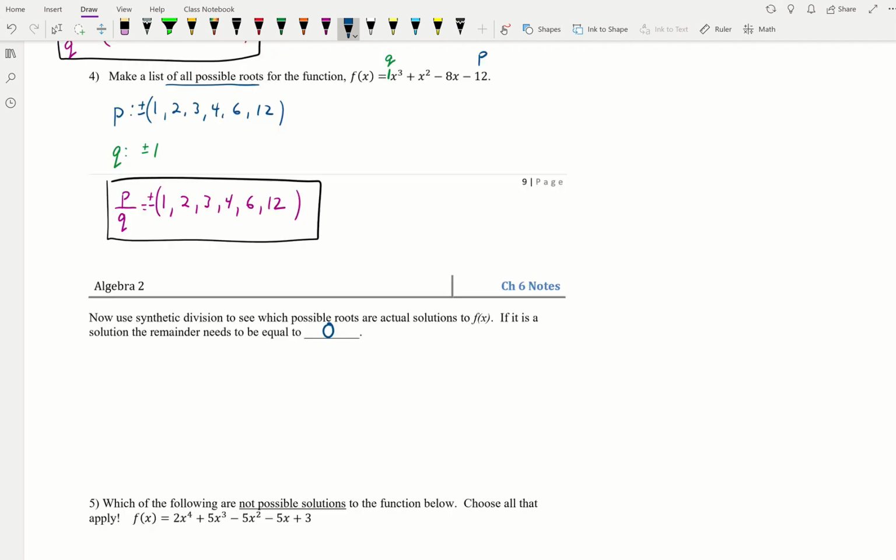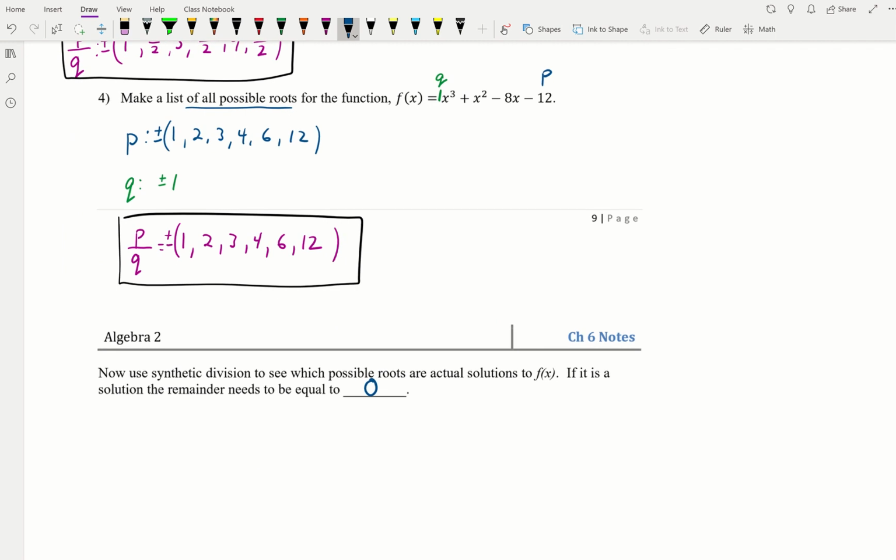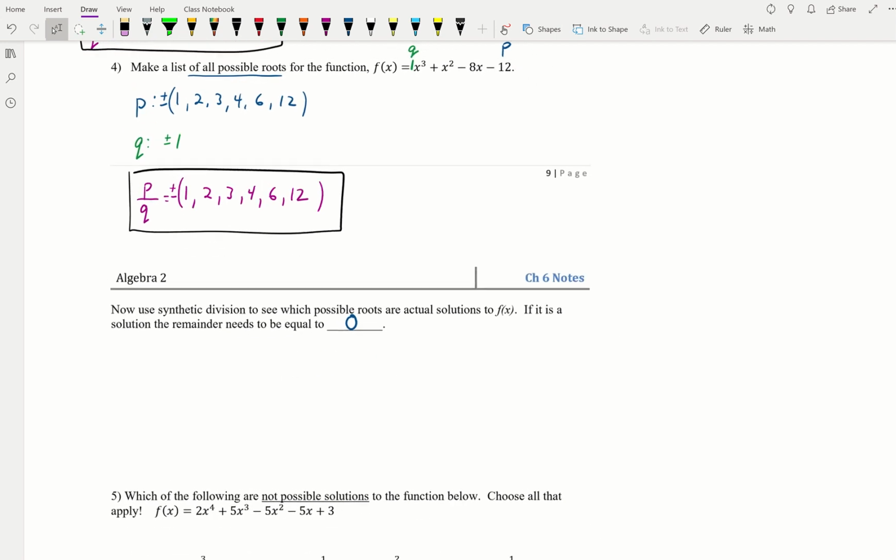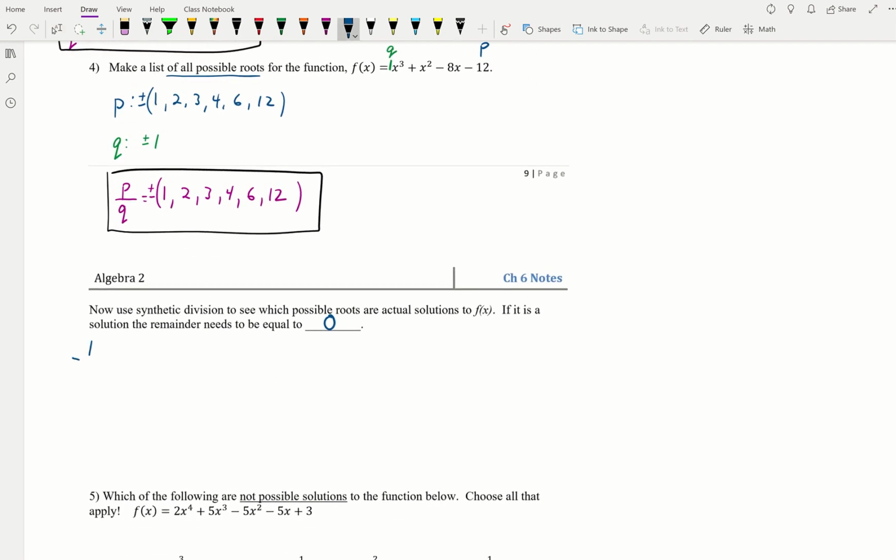Now, in this example, if we want to figure out which one is possible, it really becomes a guess and check idea at this point. So we might want to start with some simple numbers like 1. Well, if I do synthetic division with 1, then in this case, I'm going to have my coefficients of 1, 1, -8, -12.